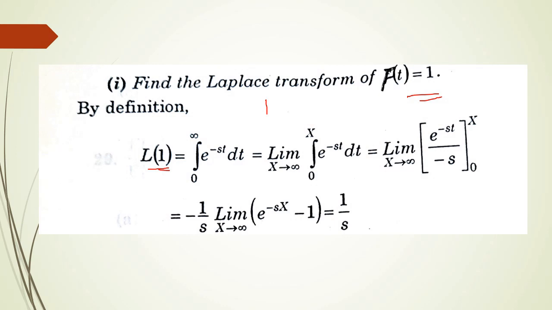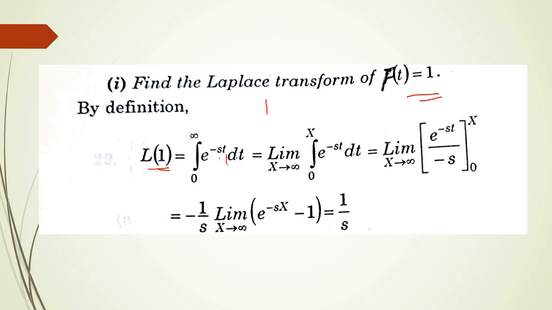As the f of t value is 1, it will be substituted as 1, so 1 will be here and dt. So we have simply substituted the upper limit of this integration, x, as infinity.